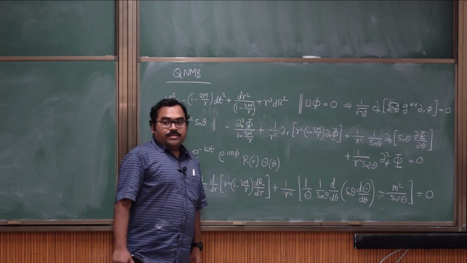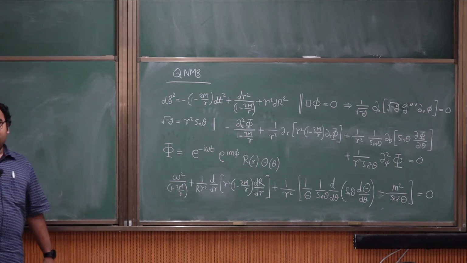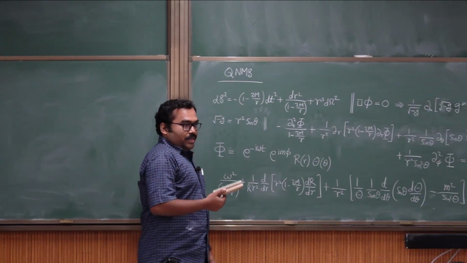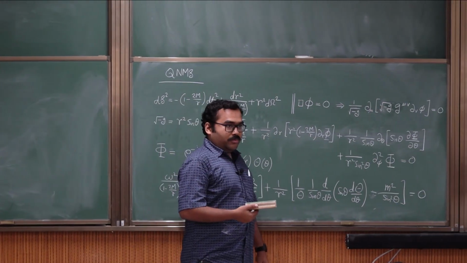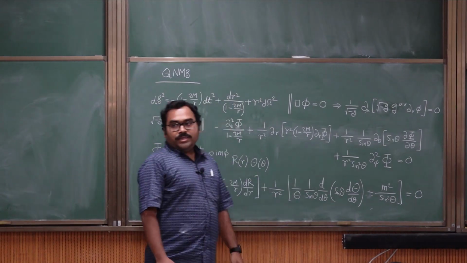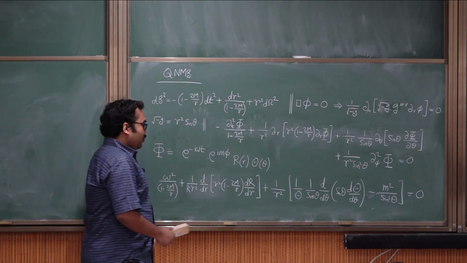Now, the quantity inside the bracket, you must all know what the differential equation for this is. This is the P_l^m(cosθ), the associated Legendre polynomials, right? And the separation constant which comes out of it is l(l+1), correct? And that is something that we all know.